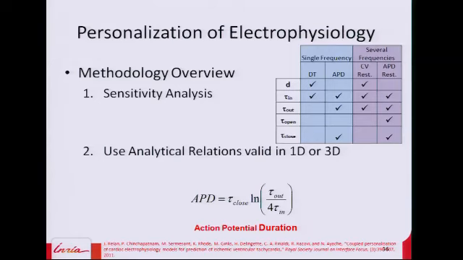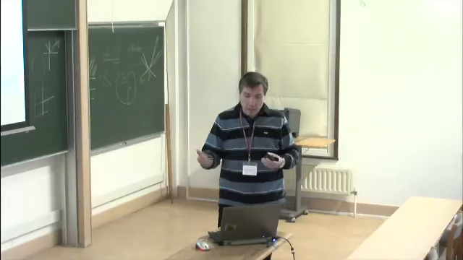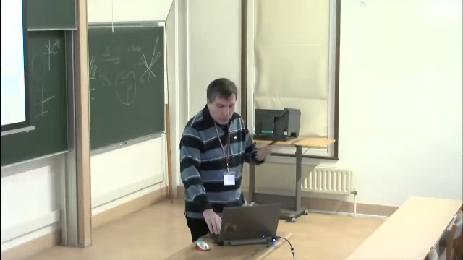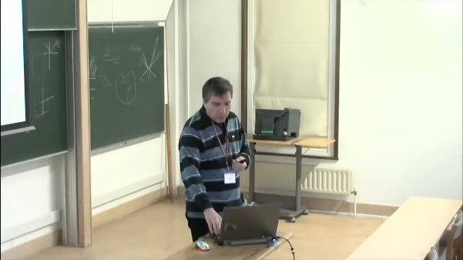And because we're using a simple model, we were able to have some closed form relationship between, for instance, action potential duration and the parameters. In this case, you have this action potential in 1D. You can establish with this very simple model that APD is related to this, and we'll use this to actually estimate some of those parameters.